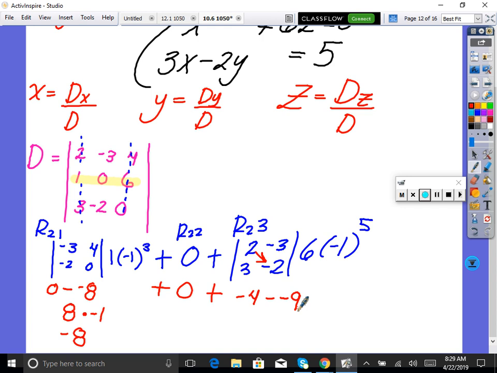So isn't that 5? 5 times -6, which is -30. So we have -8 plus 0 plus -30. So our D is equal to -38. So now D is -38, -38, -38.